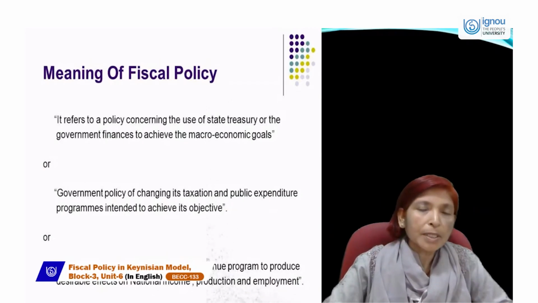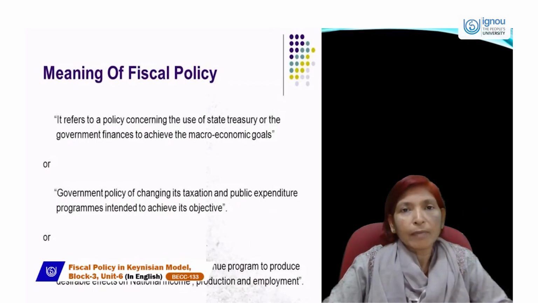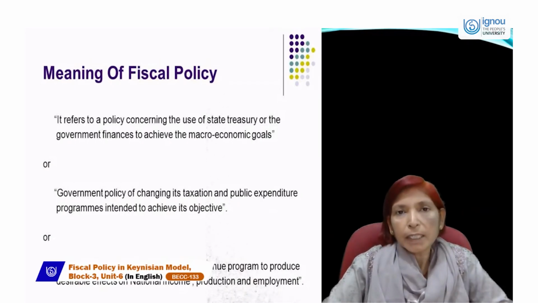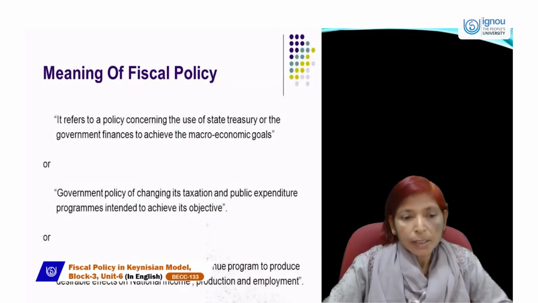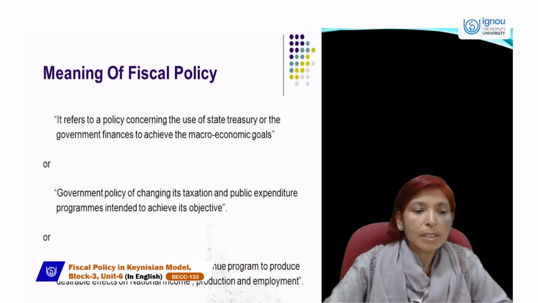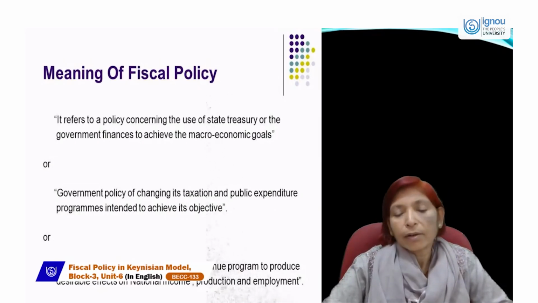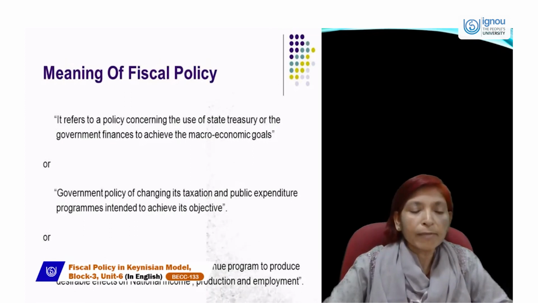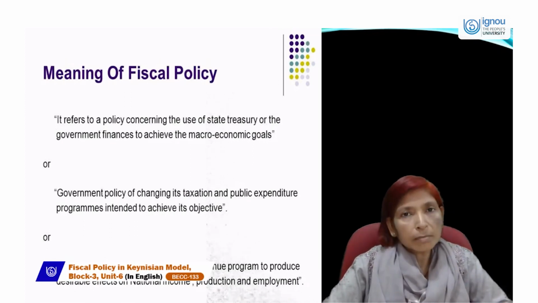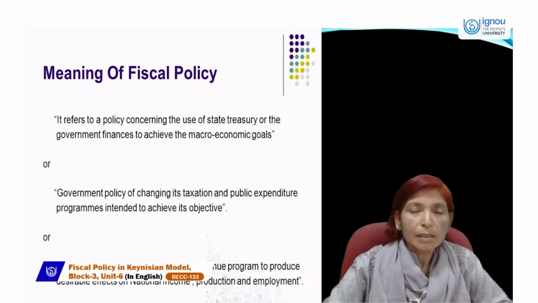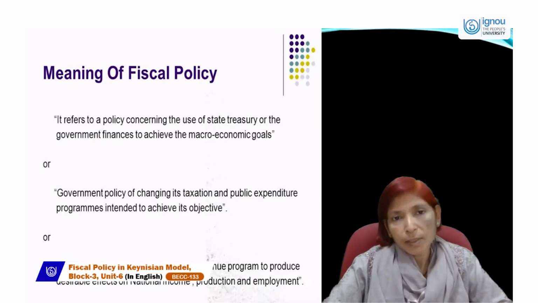Fiscal policy is related with public revenues, public expenditures, public debt, and budget. So the government can use its expenditure and revenue programs to produce desirable effects on national income, output level, and employment level.